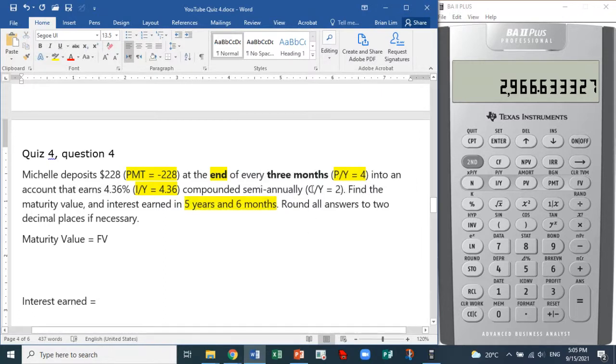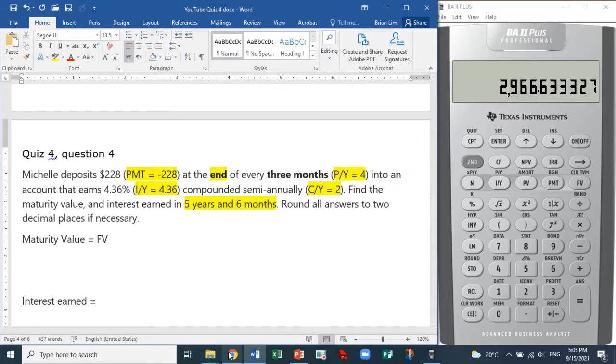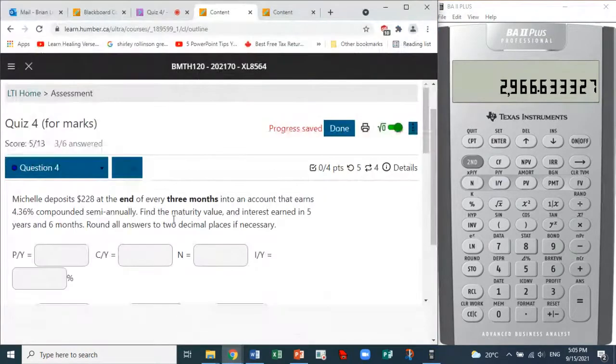Of course this CY also is important. So we will use these values, although you could always go back here and enter them also. So PY turns out to be 4, end of every 3 months, and CY is 2. N we will find out.